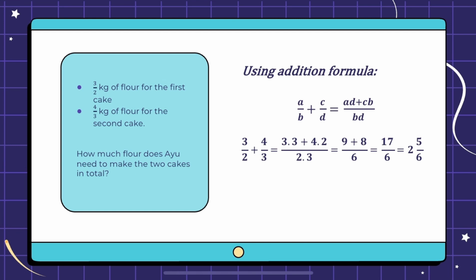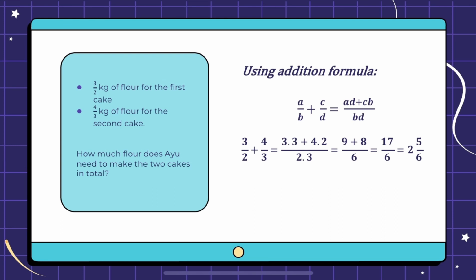So 3 over 2 plus 4 over 3 equals 3 times 3 plus 4 times 2 over 2 times 3, equals 9 plus 8 over 6, equals 17 over 6, equals 2 and 5 over 6.